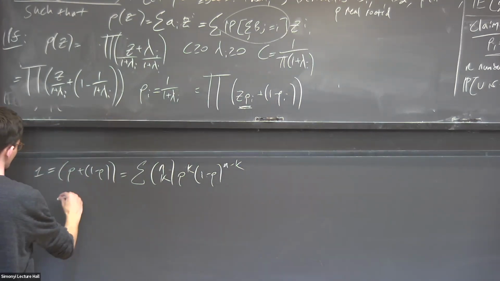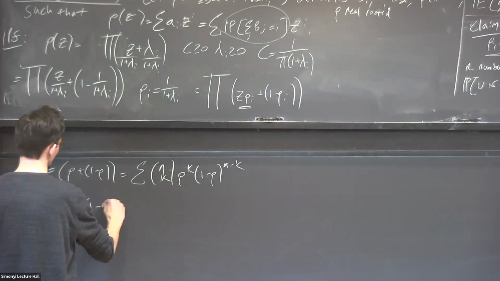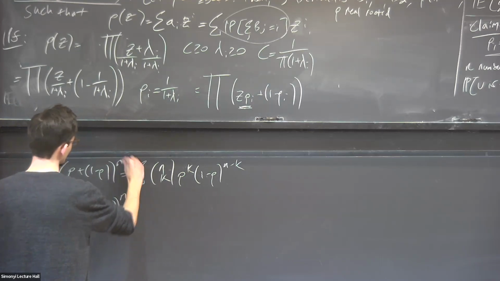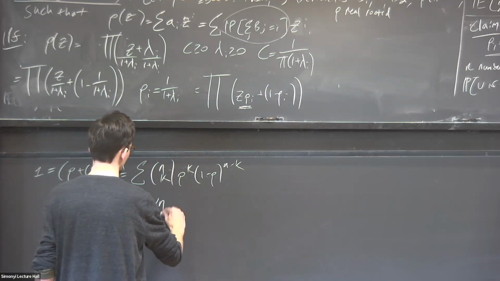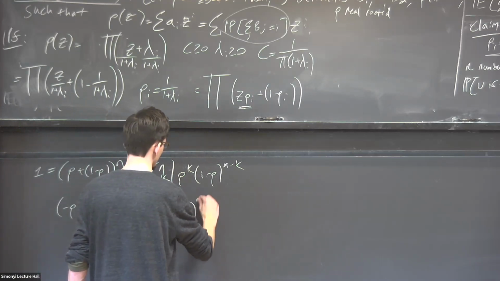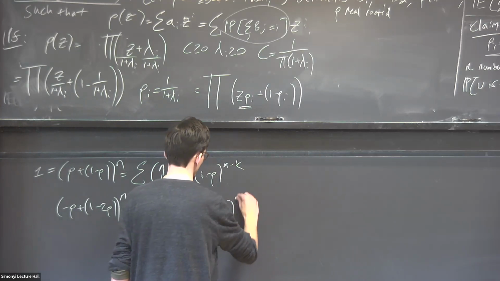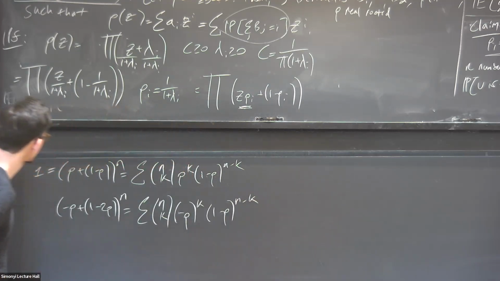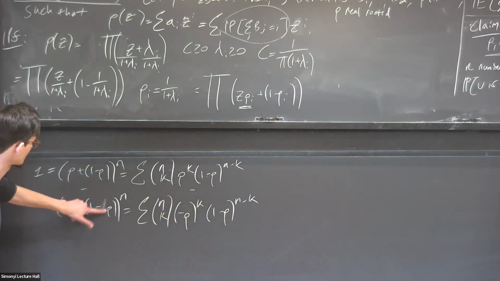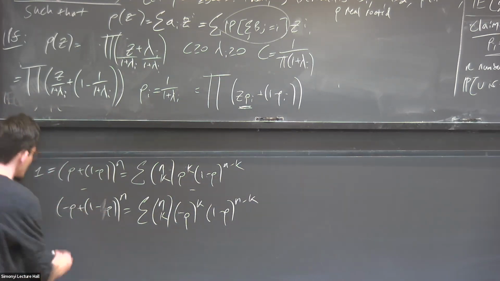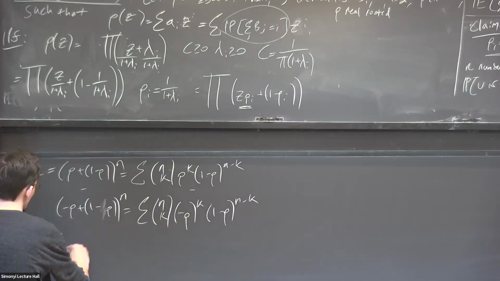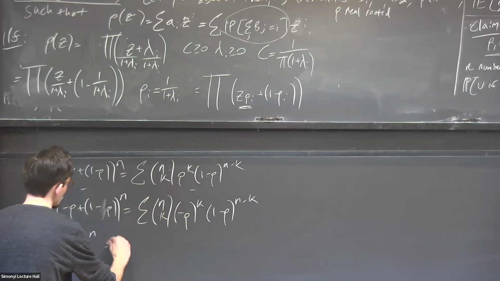Now let's do negative p, 1 minus 2p to the n, sorry. Now we subtract these two equations, and I'm going to get 1 minus 2p to the n.